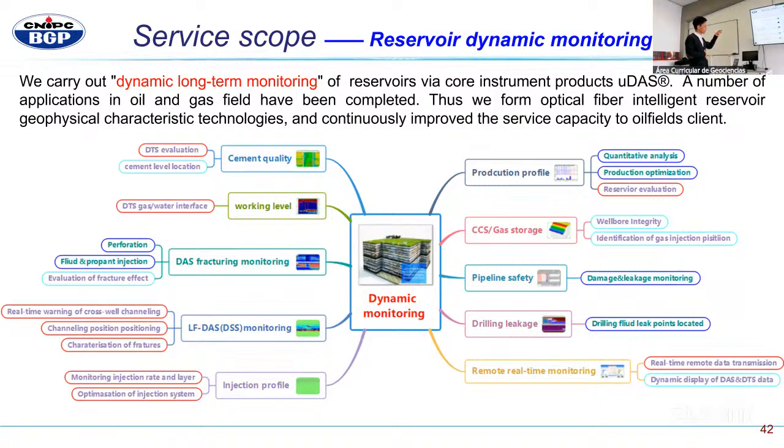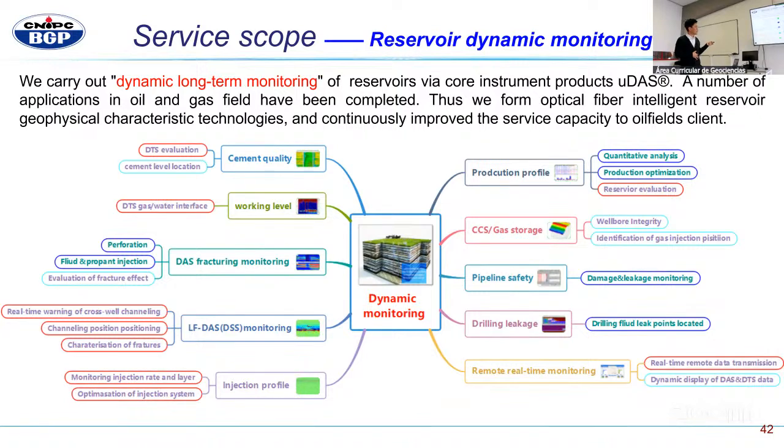Another is you put the fiber outside the tubing or inside the casing. You can measure the interface of oil and gas in the borehole. And DAS can also be used in hydraulic fracturing to monitor the perforation and the fluid front injection, and evaluate the fracture effect.